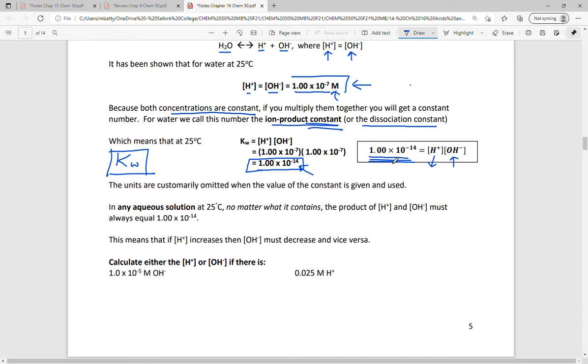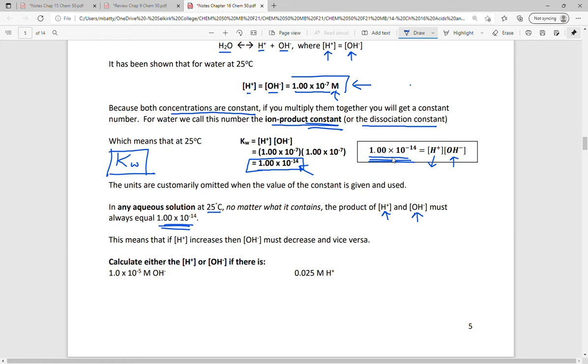So it says it right here. In any aqueous solution at 25 degrees, no matter what it contains, the hydrogen ion and hydroxide ion concentrations should always multiply to give you this value, this 1.00 times 10 to the negative 14. It's a very small number, but it is always true.